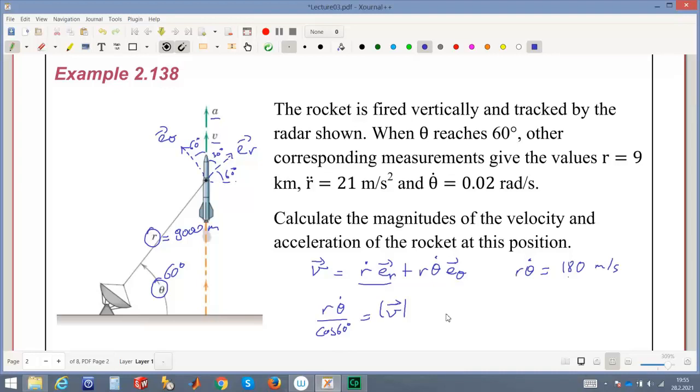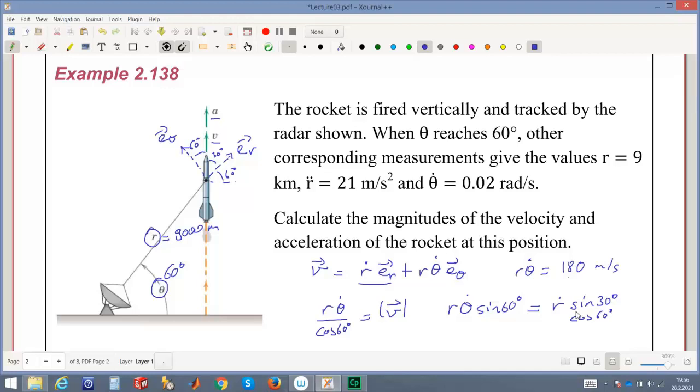If I'm interested in e_r component, so that I can actually find r dot, then what I could do is, if this is r theta dot, then the component of r theta dot times sine 60 degrees would be equal to r dot times sine 30 degrees, or you could call this cosine 60 degrees if you look.